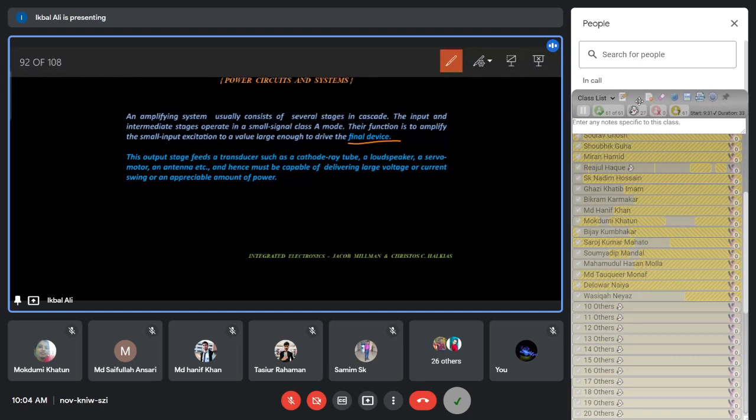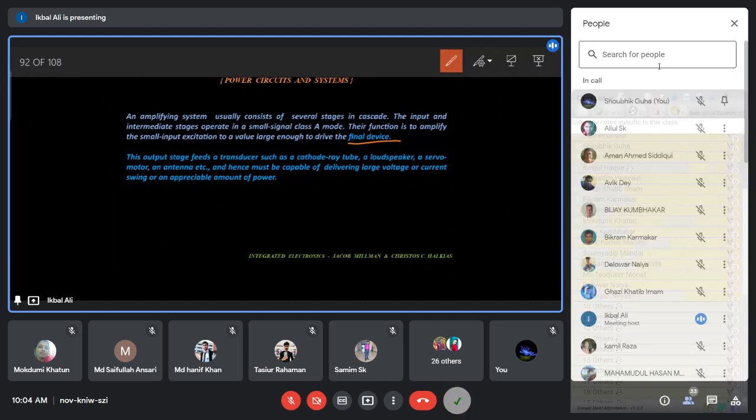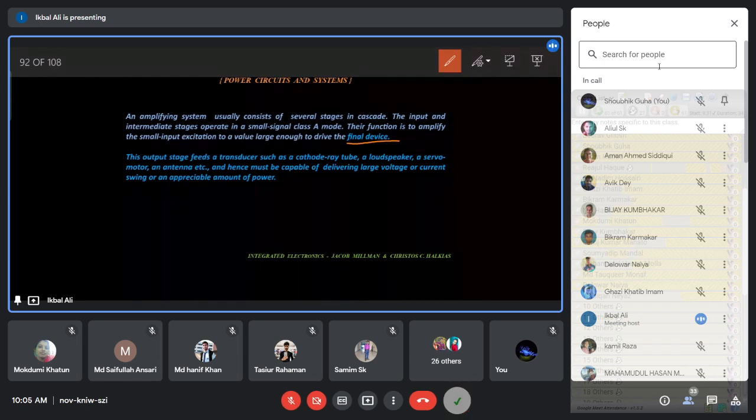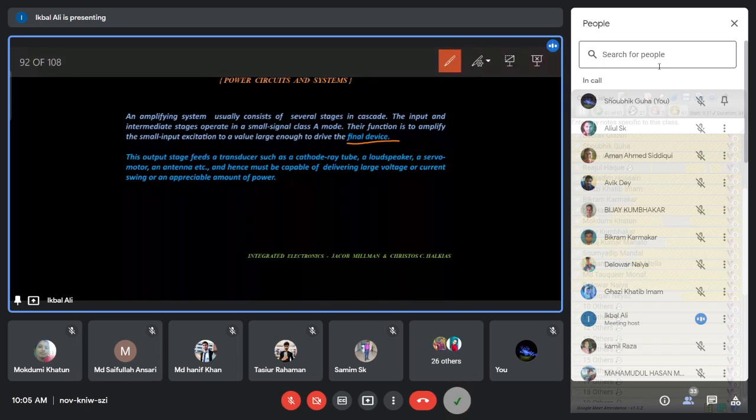Without this speaker, you cannot understand whatever the amplifying system is delivering to you. So this output stage feeds a transducer such as a cathode ray tube, maybe a CRO, such that you can see the display of the signal that is coming.